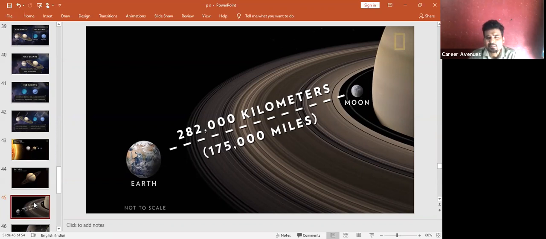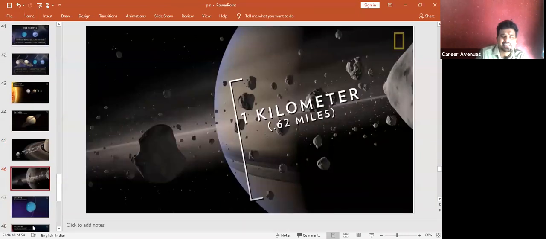The distance between Earth and Moon is 3,84,000 kilometers, and here the distance is 2,82,000 kilometers. So lengthwise it is very long, and the thickness is very small. It is only 1 kilometer in thickness.